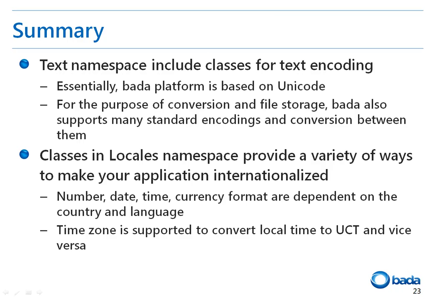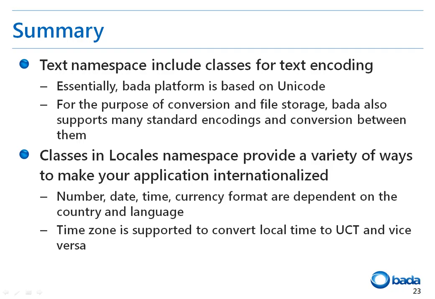Now, let's wrap up the text and locales namespaces. The text namespace supports converting between encoded text strings. Since a bada string is basically a Unicode string, you can convert a file or data containing non-Unicode characters into Unicode, and convert a Unicode string into an encoded string for data transmission.